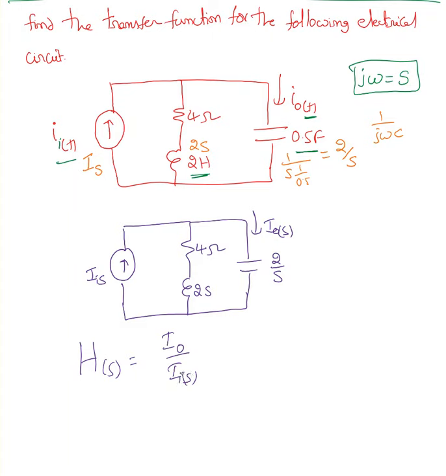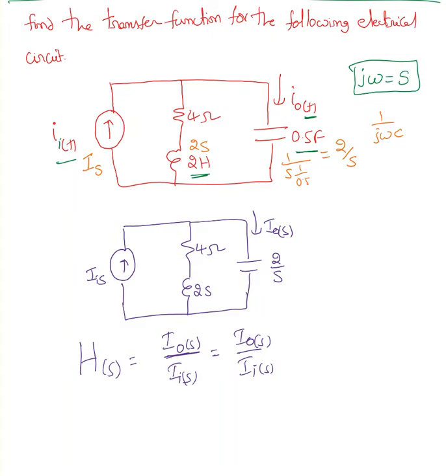Please write everything in the S domain, I naught of S over I input of S. Don't leave it as I naught over I input, it doesn't make any sense. You have to have S or j omega on the side, as a suffix. So the transfer function is output current over input current.